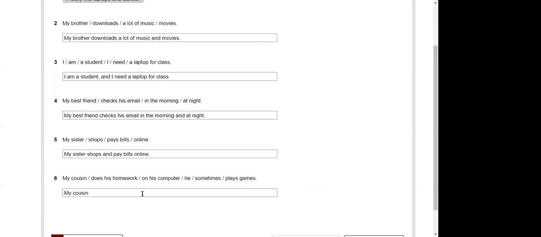My cousin does his homework on his computer, comma, and he sometimes plays games.